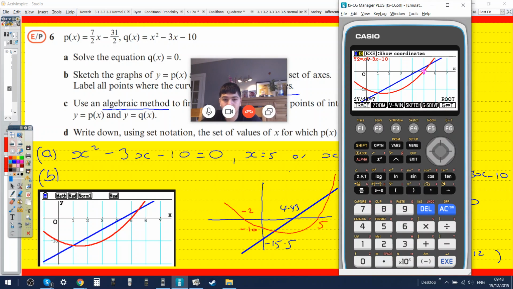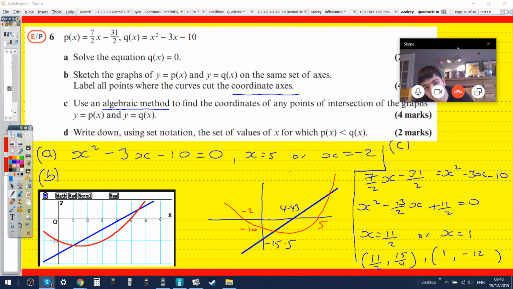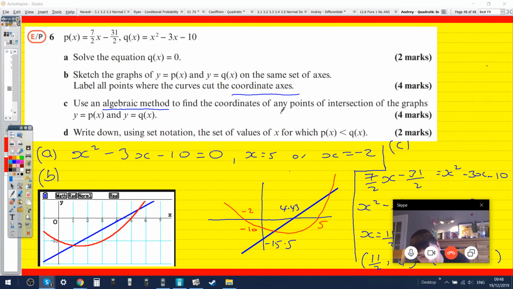You can do graphical solve and intersections. So 1 and minus 12, and then press right: 5.5 and 3.75. Yeah. Great. And they asked for an algebraic method, so we had to show it that way.